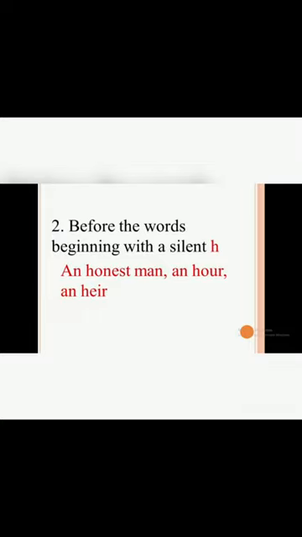Look at the second word, an hour. H is silent here. We pronounce this as "our". It's a vowel sound. The word starts with a consonant letter, but it produces a vowel sound. So we have to use an.